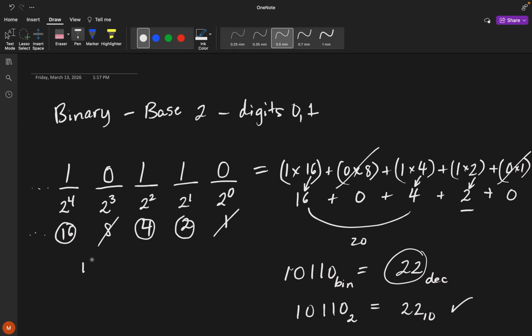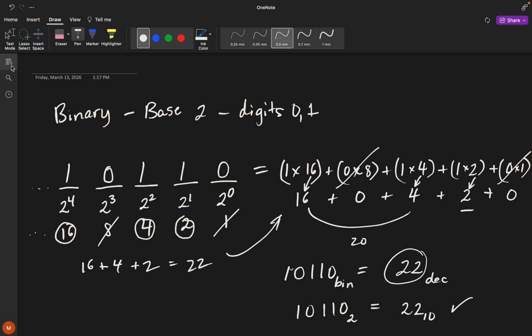So again, we have 16 plus 4 plus 2, which is 22. Notice this is all the same as what we did up here. So that's going from binary to decimal.